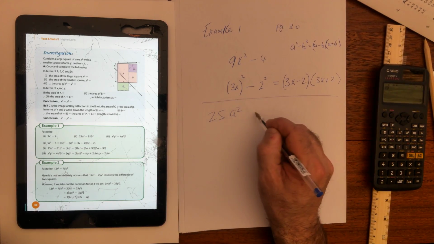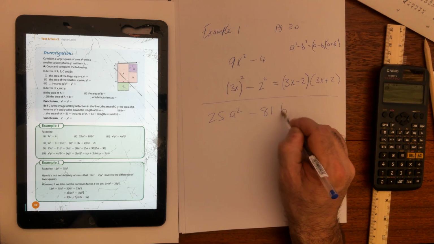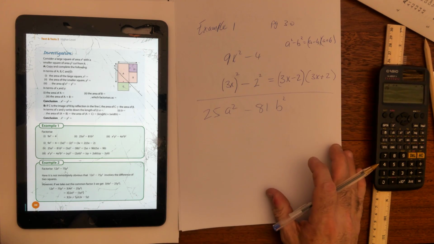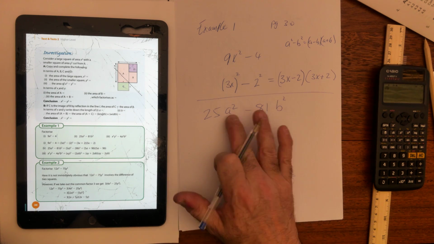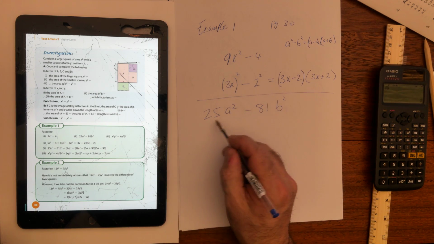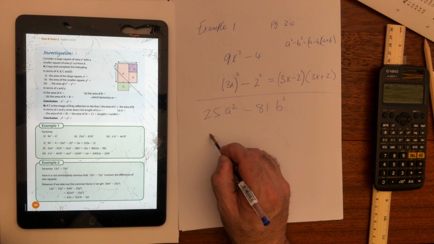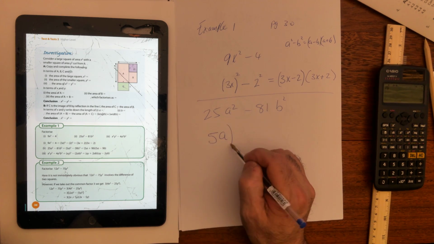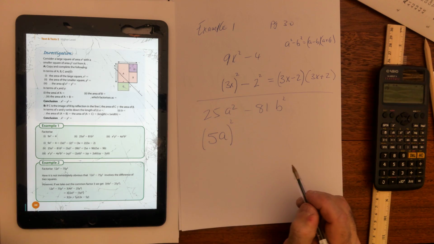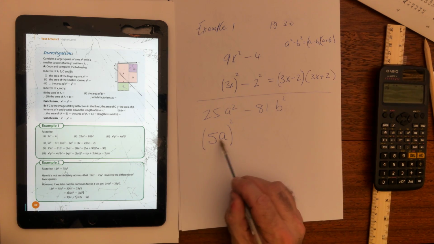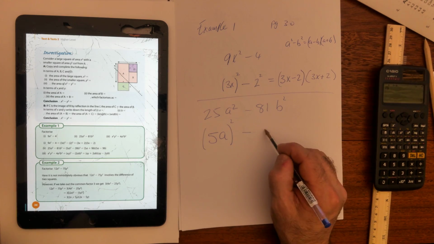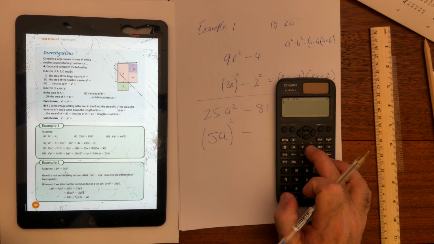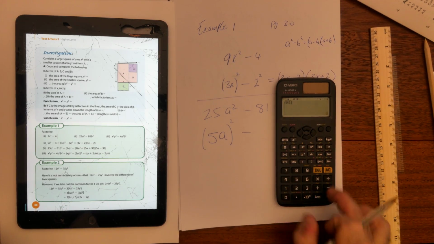25a squared minus 81b squared. Okay, so now there's square numbers and square variable terms. So we'll write this. Square root of 25 is 5a, and we'll put a bracket on all of that. So we'll prioritize the multiplication first, so we have a perfect square. Minus, and if you don't know, you can do square root of 81 is 9.